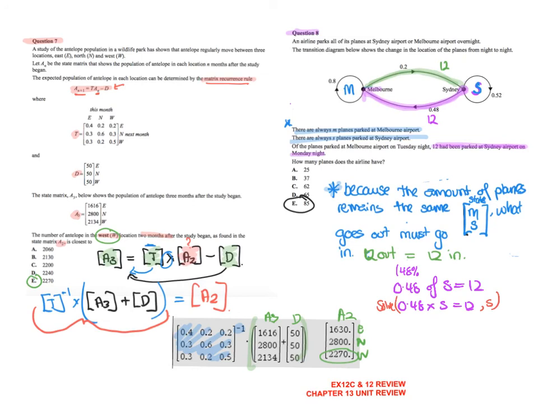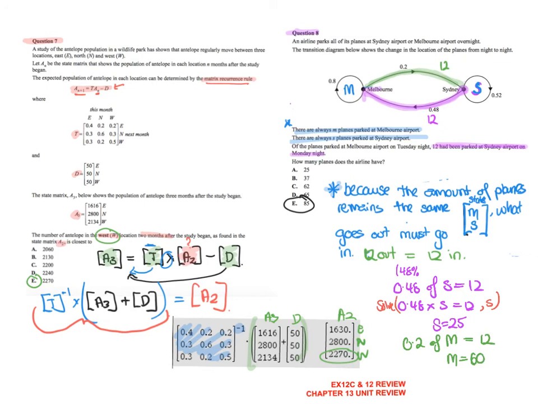So you end up with Sydney being 25, and then you can do the same thing with the green, except you'd say 0.2 of Melbourne's equals 12, and then you solve, and you'll end up that Melbourne equals 60.